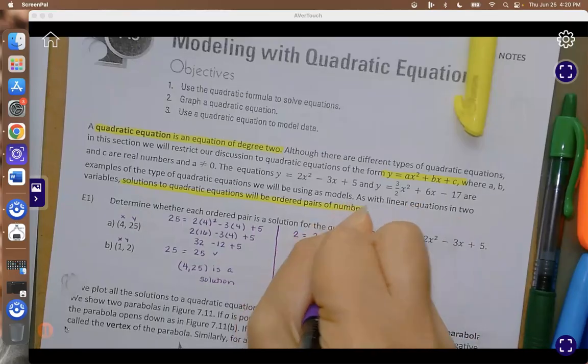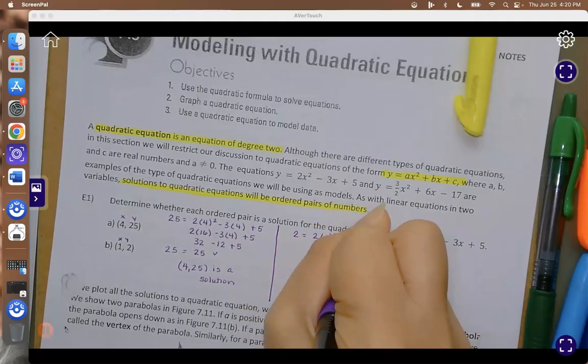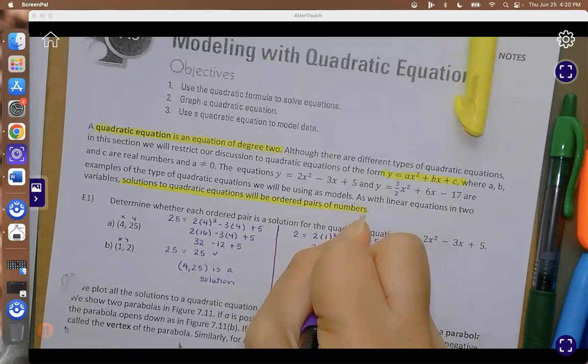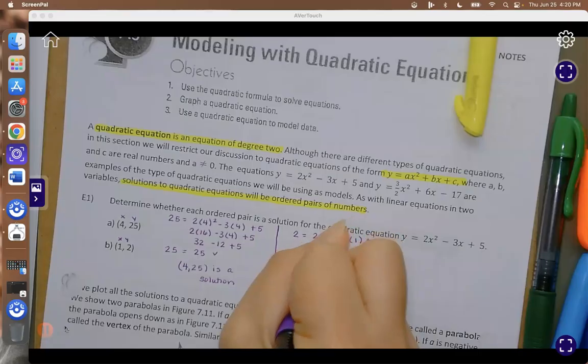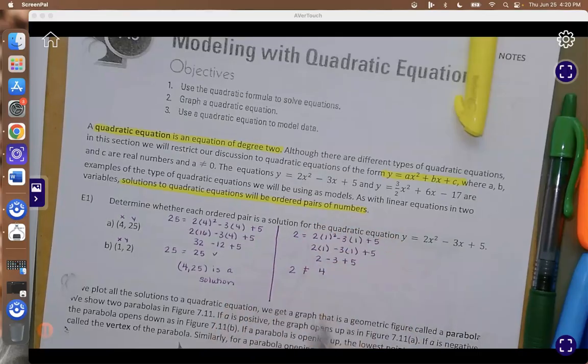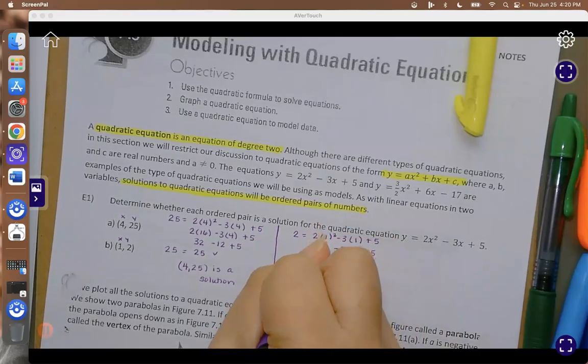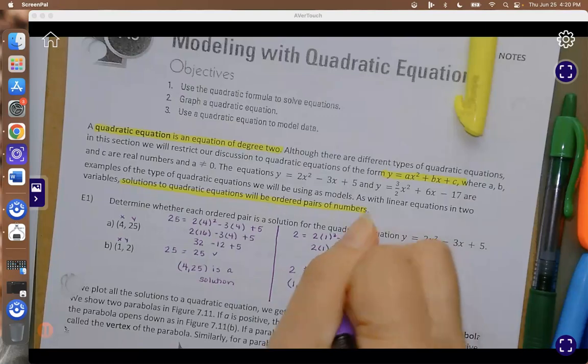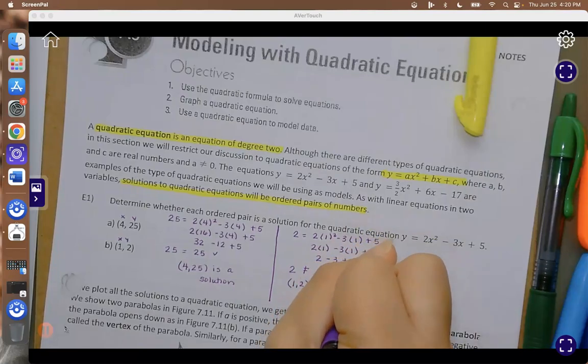So this is 2 minus 3, which is negative 1, plus 5, which is 4. 4 is not equal to the 2 that I wanted. So (1, 2) is not a solution.